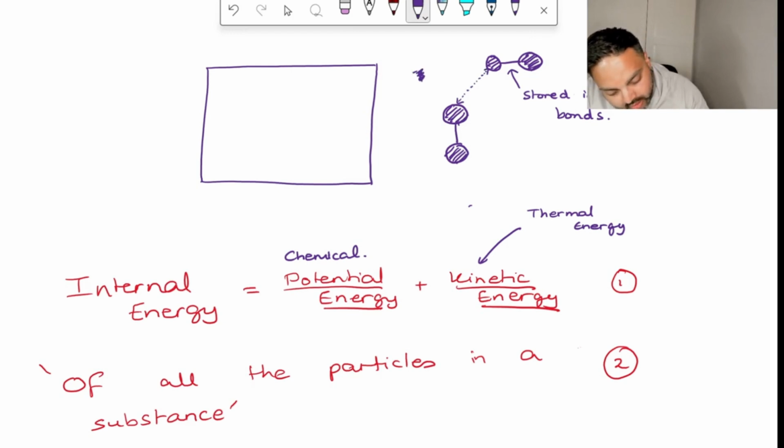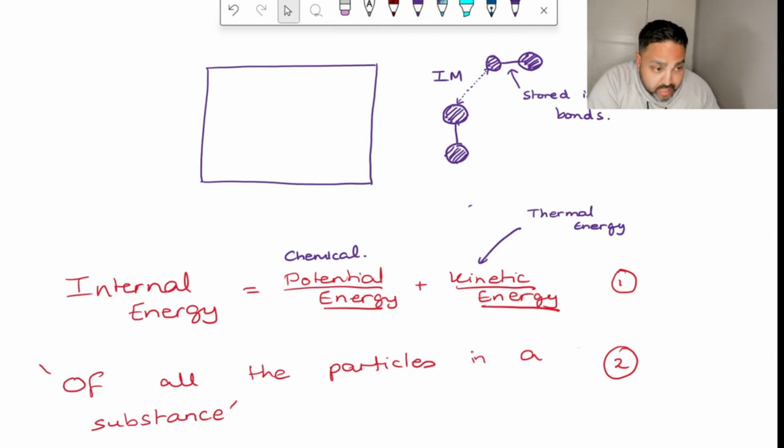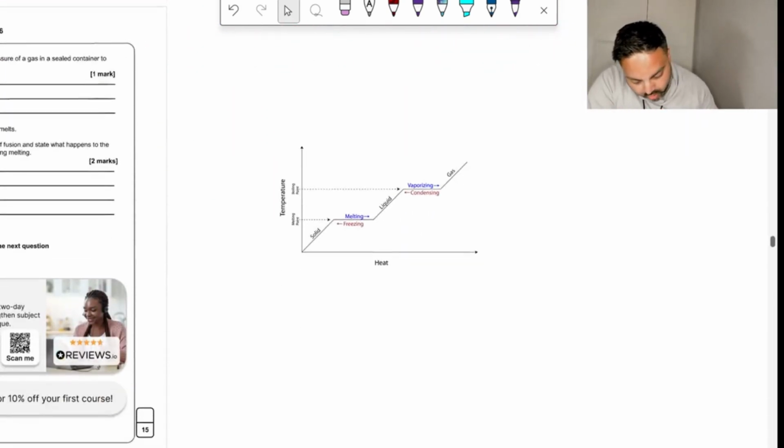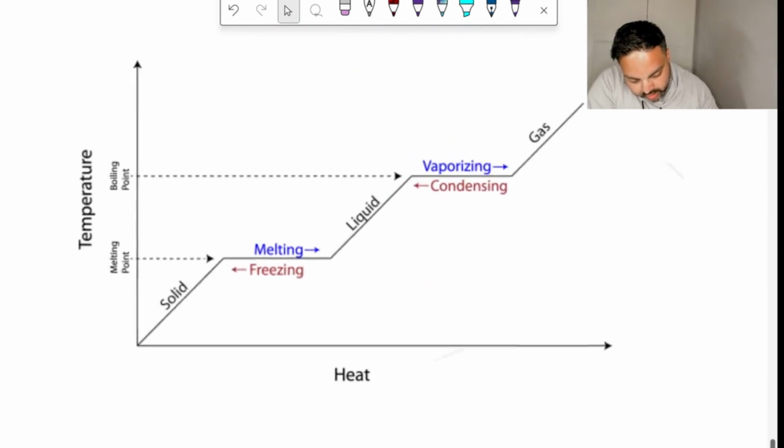So these are the intermolecular bonds. And if you think of something changing state, what you've got to consider is when you've got an object changing state.